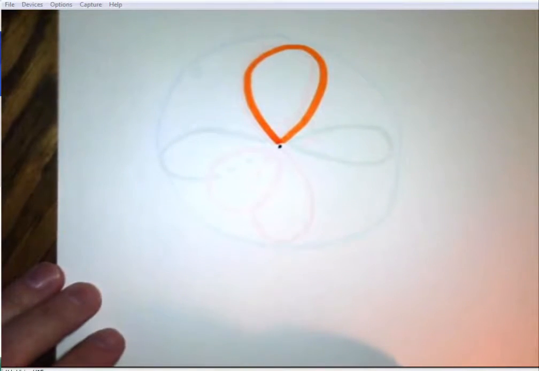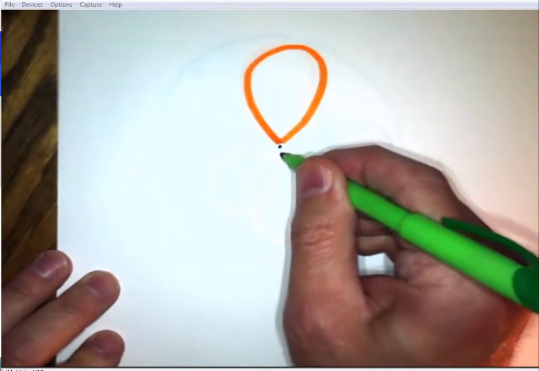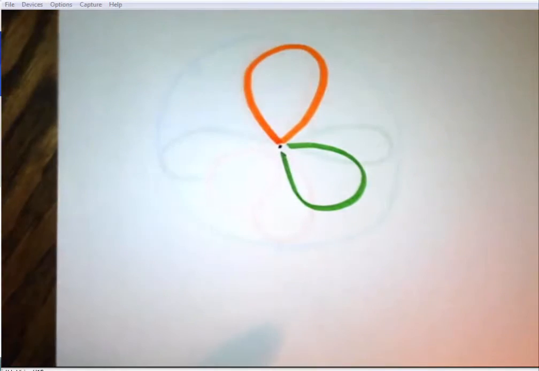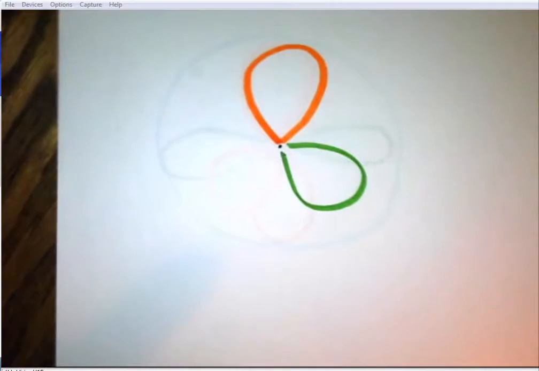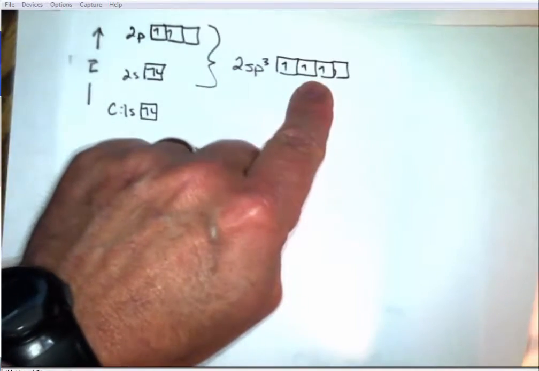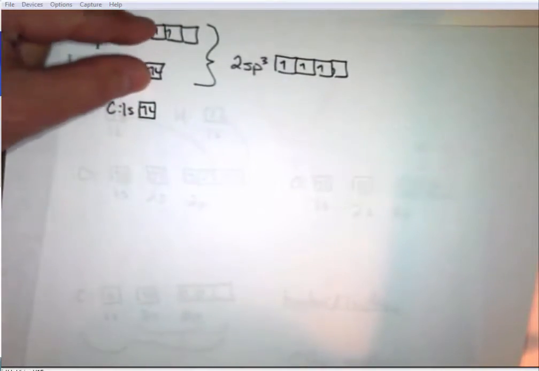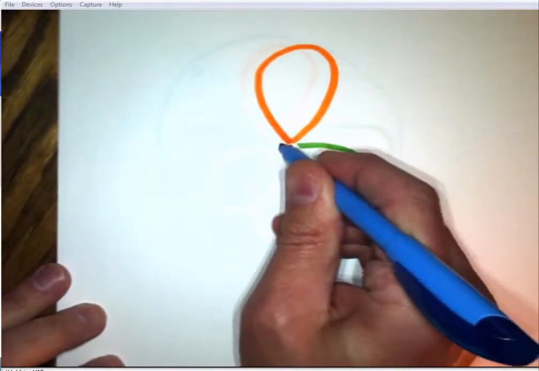And then we're going to have another antinode coming out here like this. Now, the s orbital is going to change into the same shape. All these hybrids are the same. We mush these two different things together to make the same thing. So this hybrid orbital is going to come out toward you.